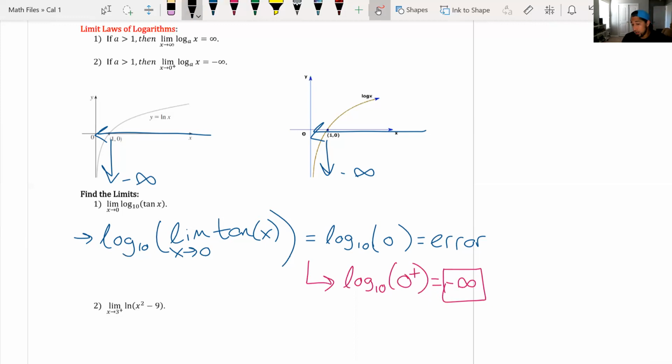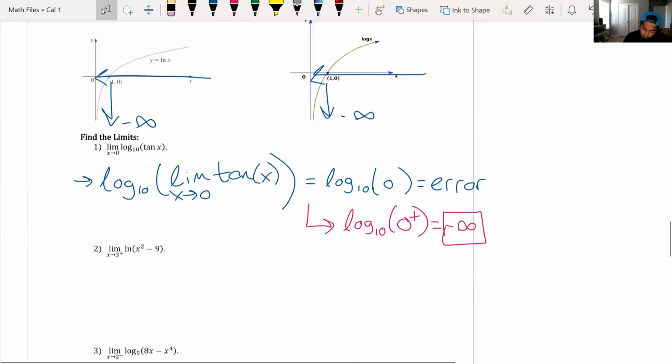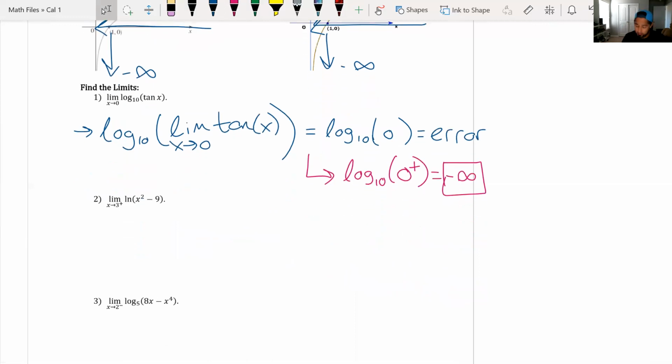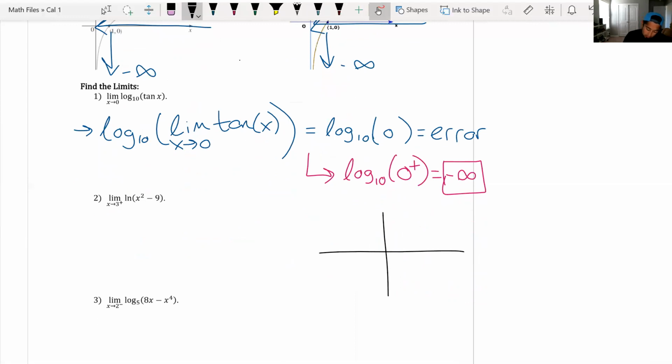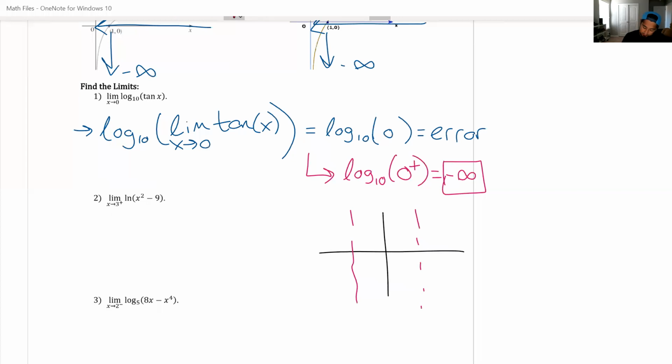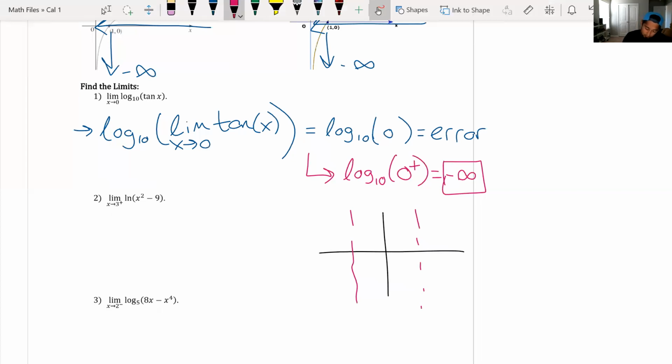But then if you wanted the graph of tangent, I'll just put it on the video and erase it here. Tangent looks like this. And there's 0.